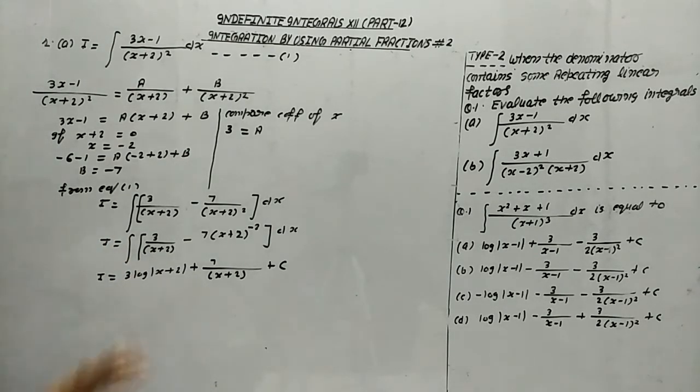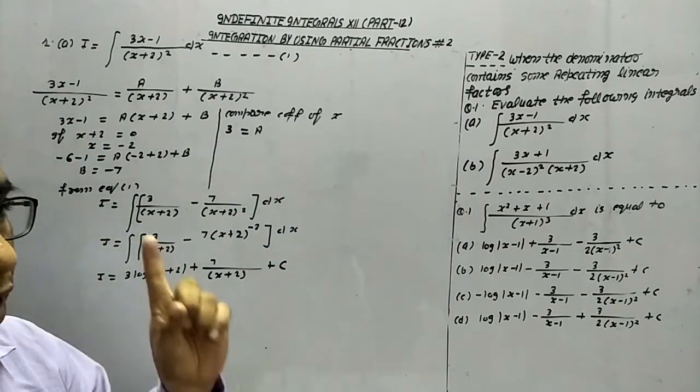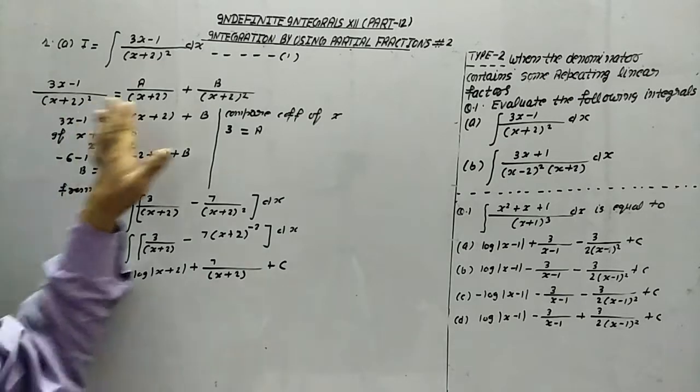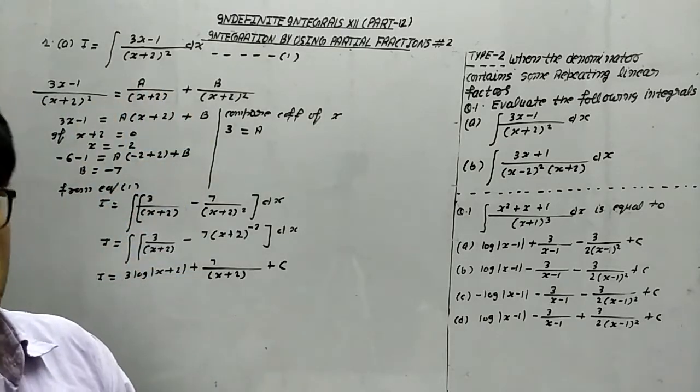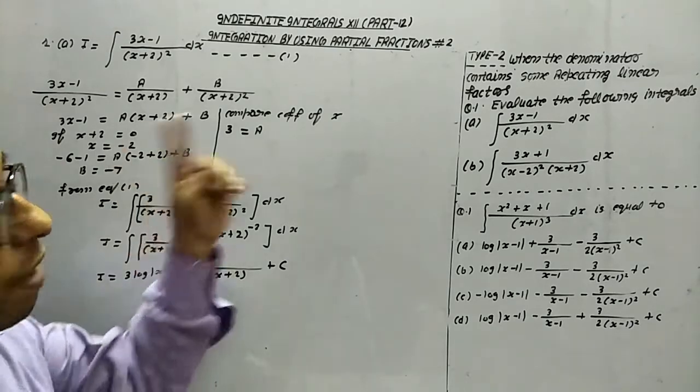So whenever we have these repeating factors, always remember one constant we get by putting the linear factor equal to 0, and to get the other constant we have to use the equating process.